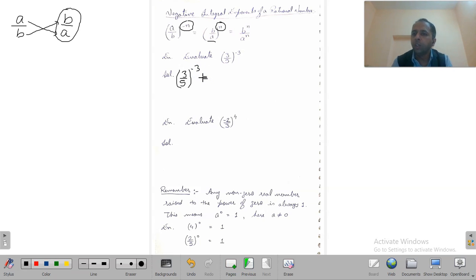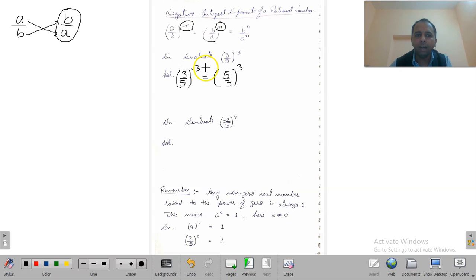So when you find a negative exponent of a rational number, the first step will be to make the exponent value positive. How? You will take the reciprocal of the rational number. So the reciprocal of 3 upon 5 will be 5 upon 3. And because we have taken the reciprocal, now the exponent will become positive.